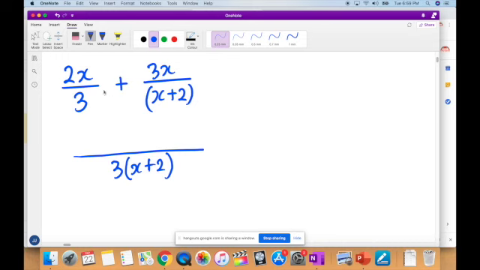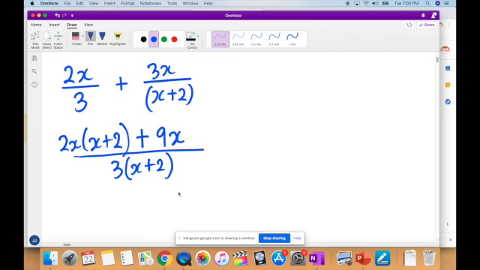Multiply 3 by 2x, which will give me 9x. And then multiply 2x by the x plus 2 in brackets. So I'll get 2x multiplied by x plus 2, plus 9x.